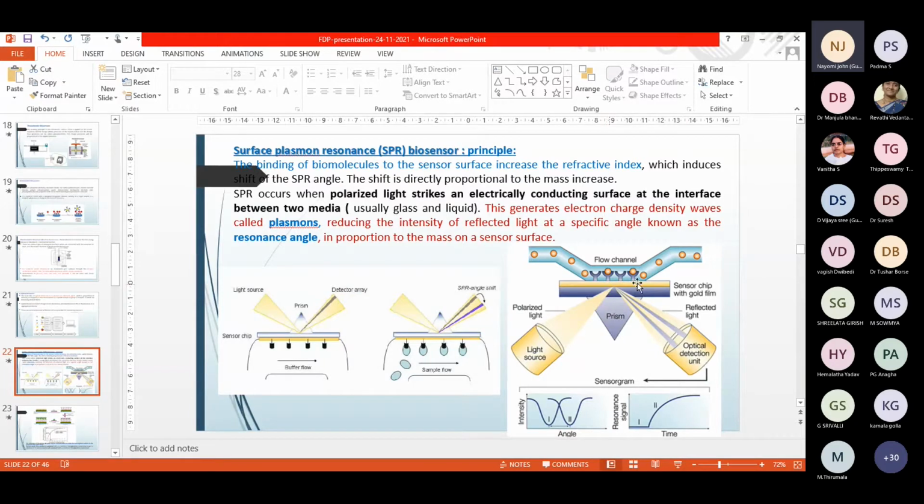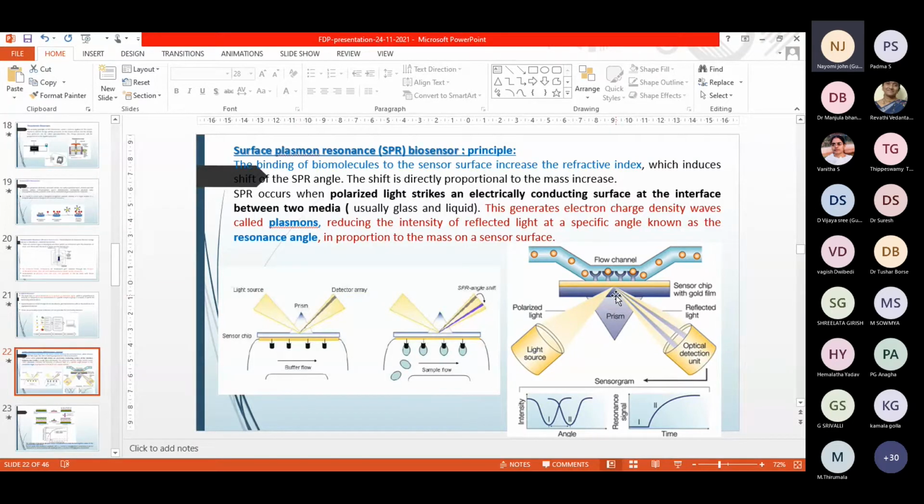Any polarized light, when it hits at the interface of two mediums, here on the right side, one medium is the glass medium, that is a prism, and another medium is the liquid medium. If polarized light hits at the interface, the density of the waves will be reduced. These waves are called plasmons. That's why it is called a plasmon resonance biosensor.